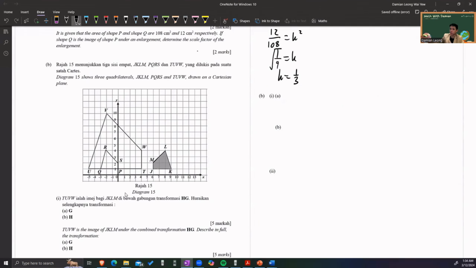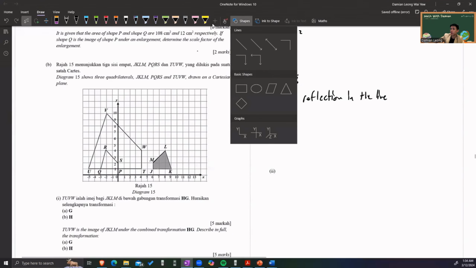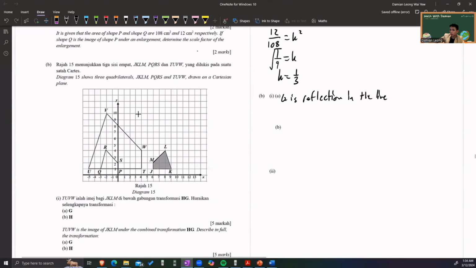You should be able to see it's flipped over. It's like a mirror image, so it's a reflection. So G is a reflection in the line. I describe the line of reflection, which is a vertical line right in the middle here. I can describe this line as x equals 3, cutting through the x value of 3.